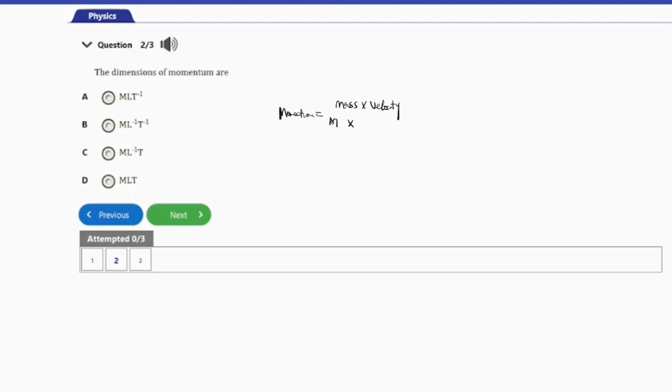Knowing the formula for velocity, let's take note that velocity is distance over time, right? And the distance has no formula.